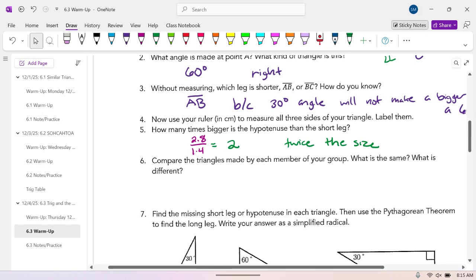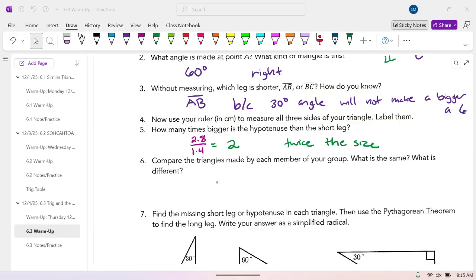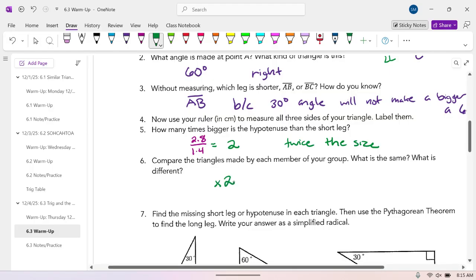What should have been pretty much the same is you should have gotten around times 2 from your short leg to hypotenuse. That is actually the rule for how you go from the short leg to the hypotenuse.